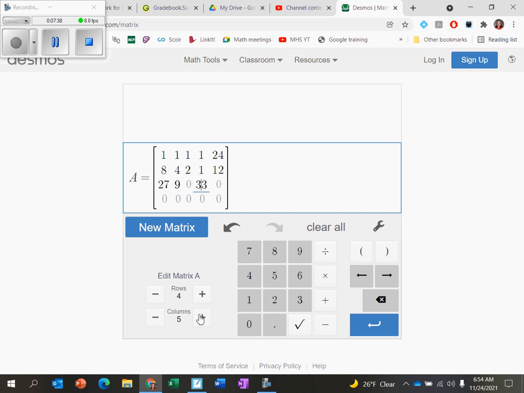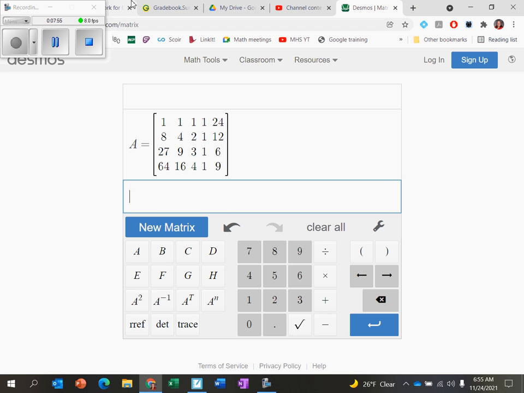Oh, goodness, I'm all over the place. Okay, so, find reduced row echelon form.